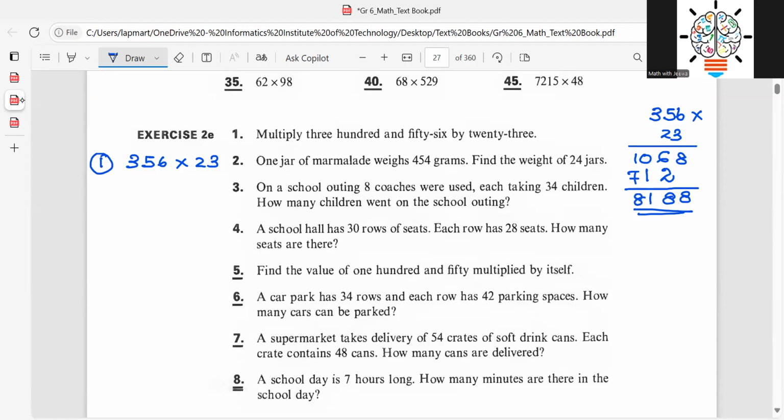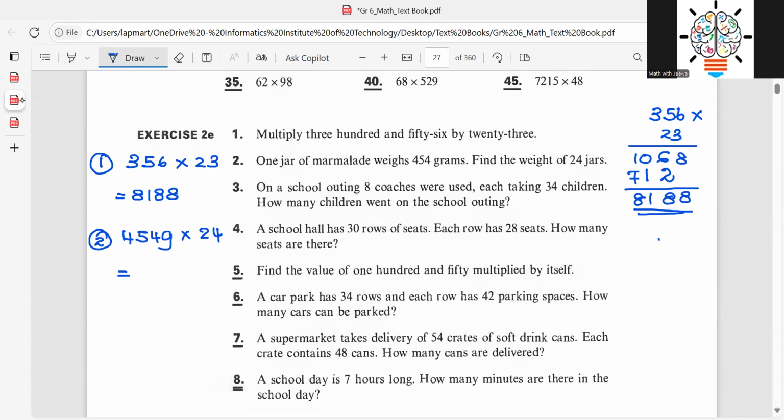Right, so when you multiply 356 by 23, 8,188. Okay. 1 jar of marmalade weighs 454 grams. Find the weight of 24 such jars. So the one jar is 454 grams, and we have 24 such jars.